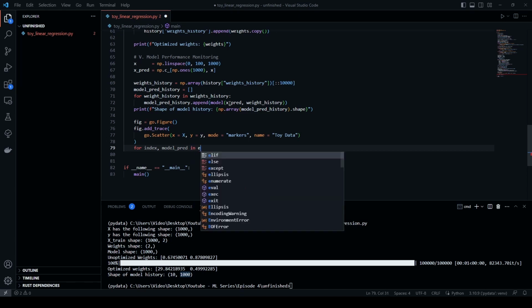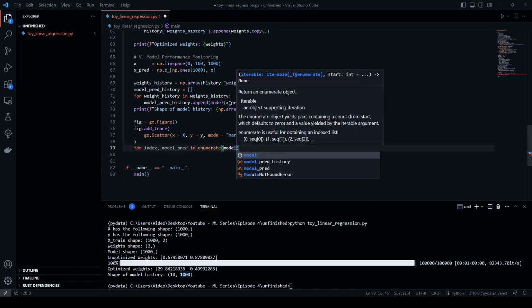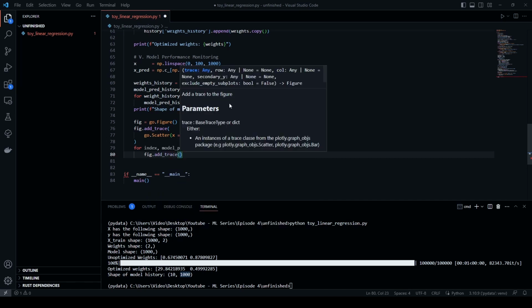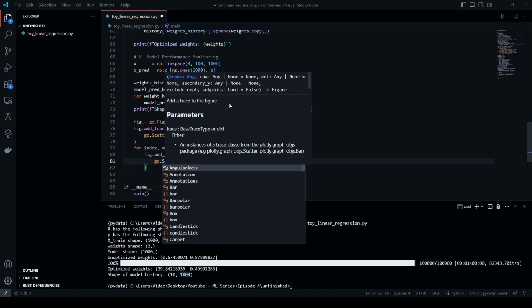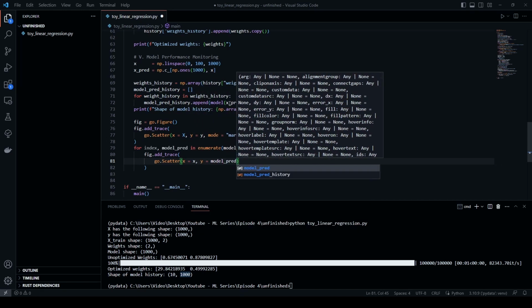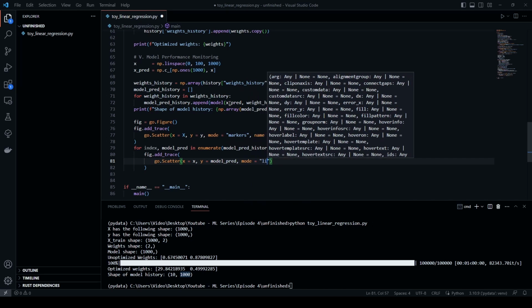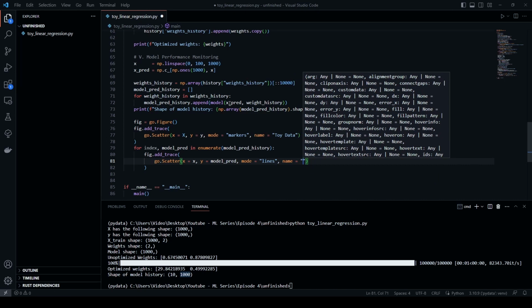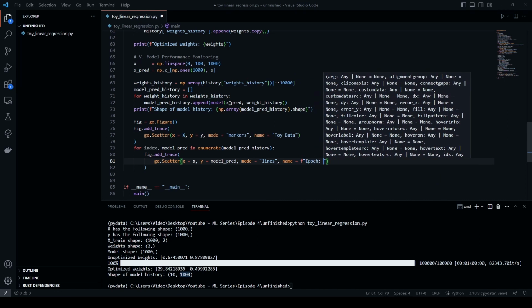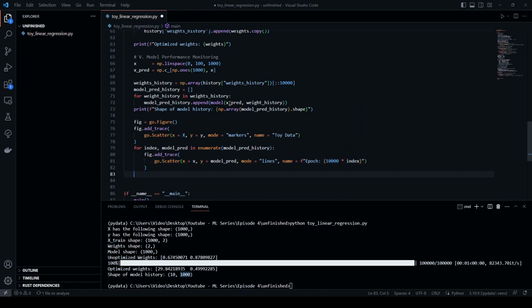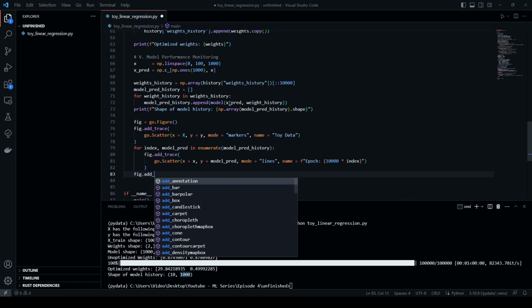Then we iterate over the model predictions, model pred history. That's why we computed it beforehand. And then we can add a trace, go.Scatter, we pass x, we pass the model prediction, we take as mode lines because we want line plots, and the name is the epoch, 10,000 times the index. So far so good.